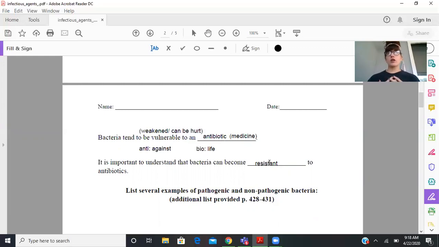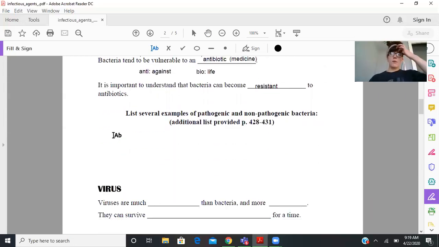So if we are always trying to kill it, it's going to adapt and try to resist us killing it. So it's always like a constant fight to find a new antibiotic that is going to treat bacteria that has become resistant. So for those of you that are interested in medicine, that's a really cool thing to look into because we're always looking for the development of new medicine.